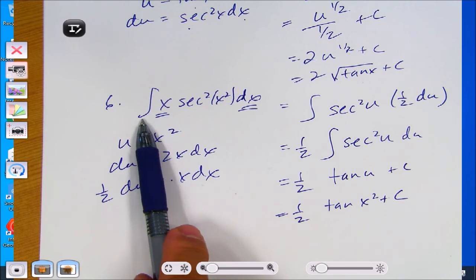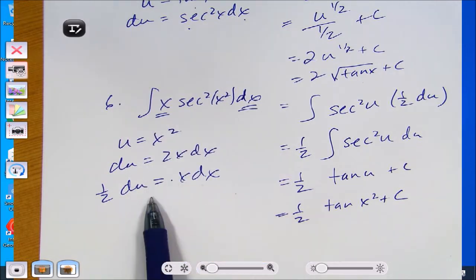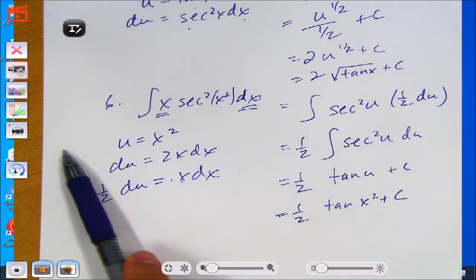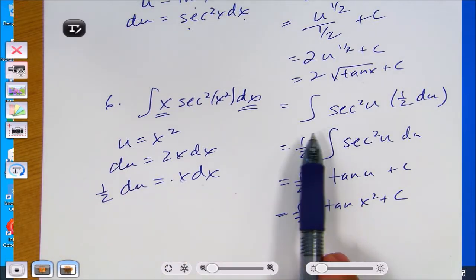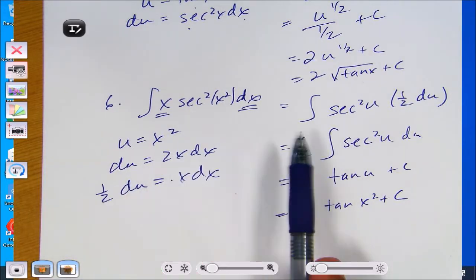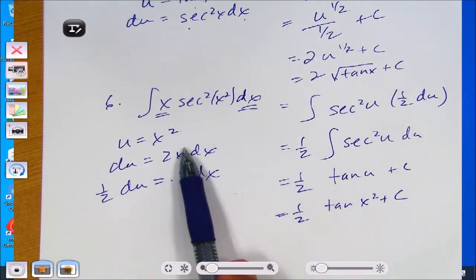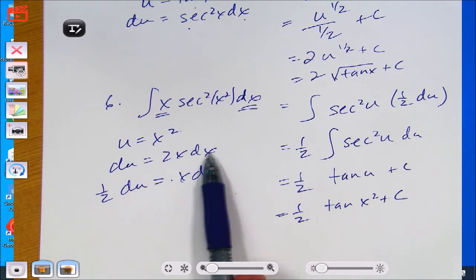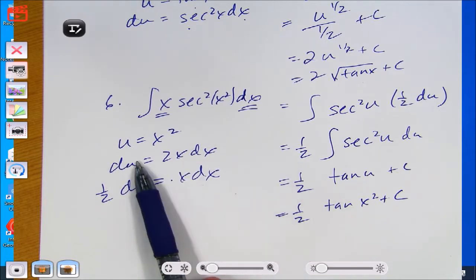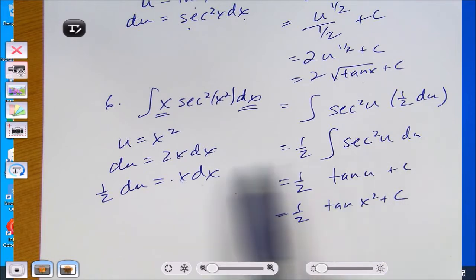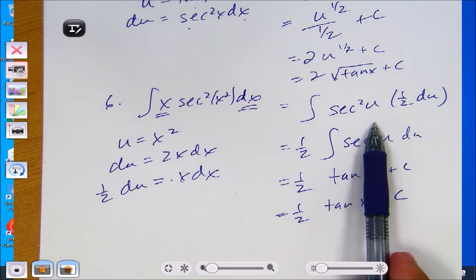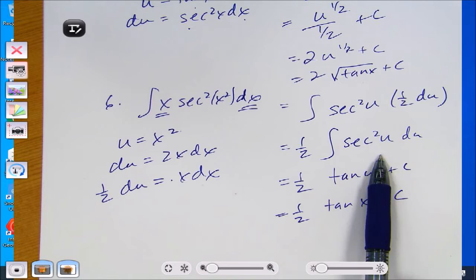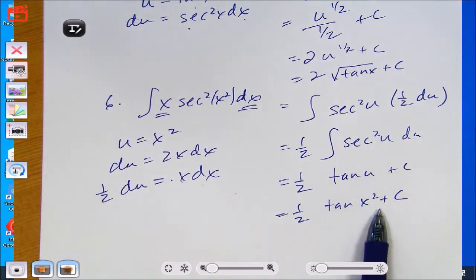If you recognize it at the beginning, you don't even need to change to u at all. Remember the first time I did this, I made no changes. I did pattern recognition, which is a form of u substitution. So in terms of changing back and forth, that's completely up to you. Just be careful of changing it to u and then changing it back to x before you integrate. That would be the only thing I'd be concerned about. But it doesn't really matter.